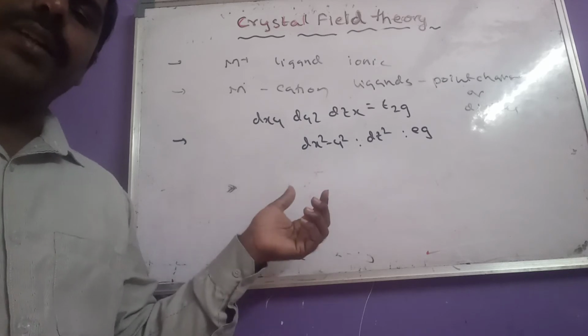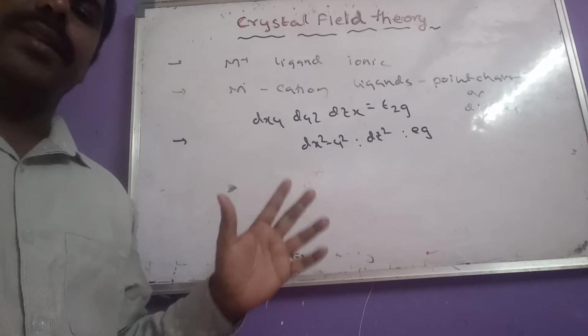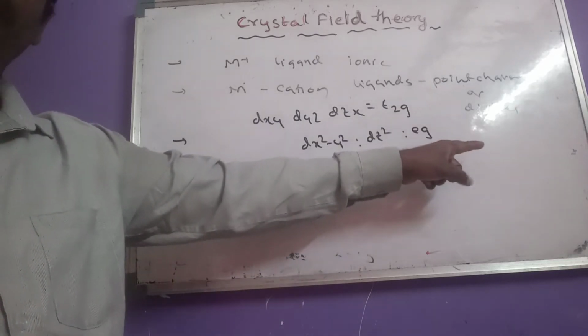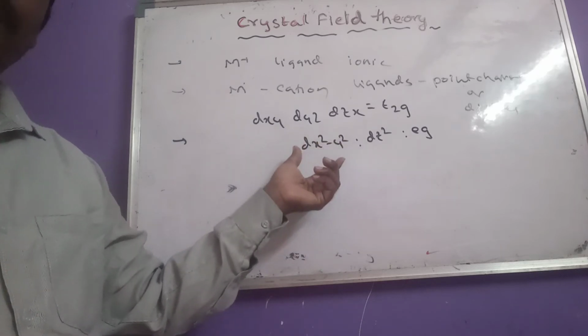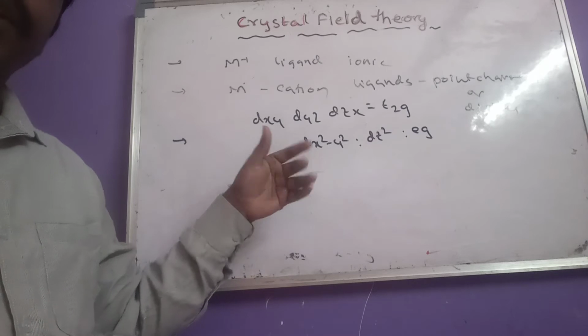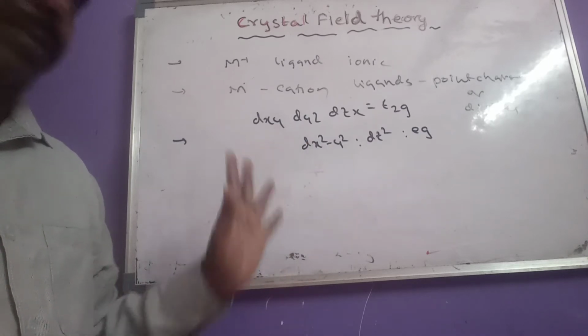So these factors can affect the crystal field stabilization energy. That is the crystal field splitting we observe: the d orbitals lose their degeneracy and split into two sets of orbitals.